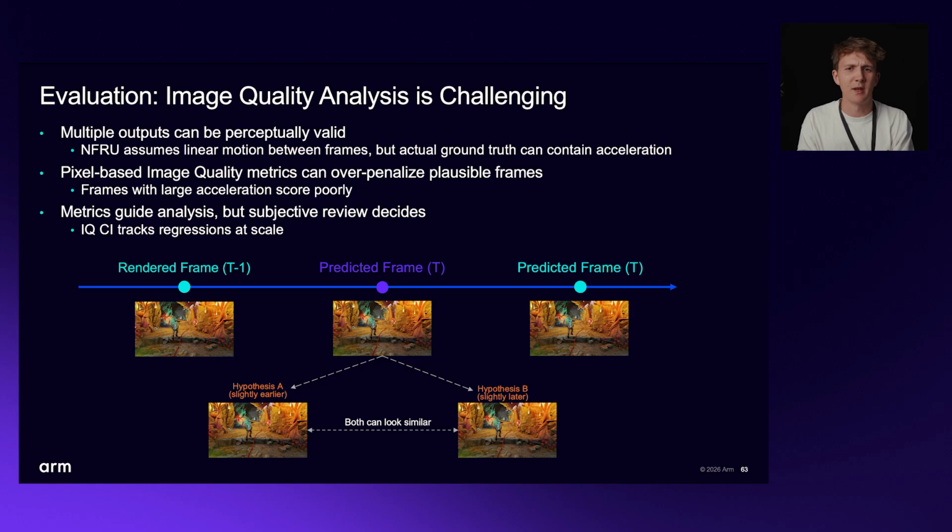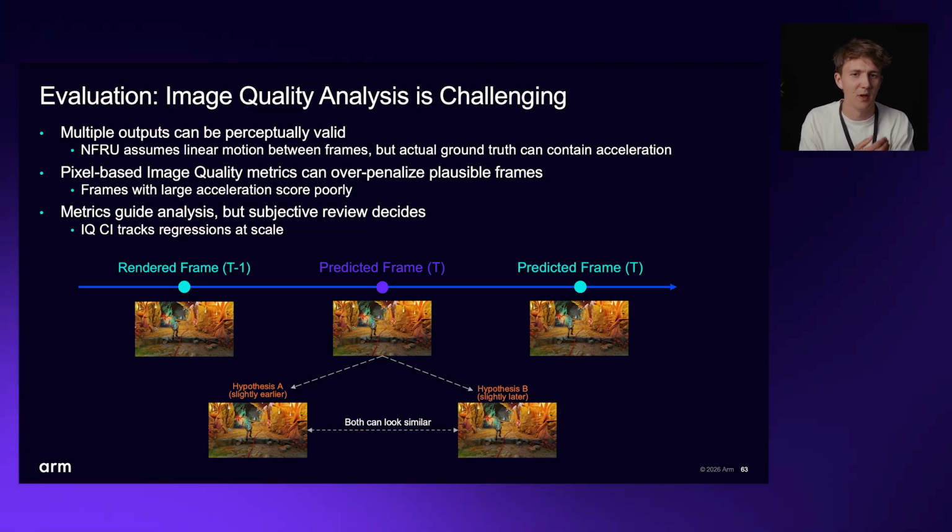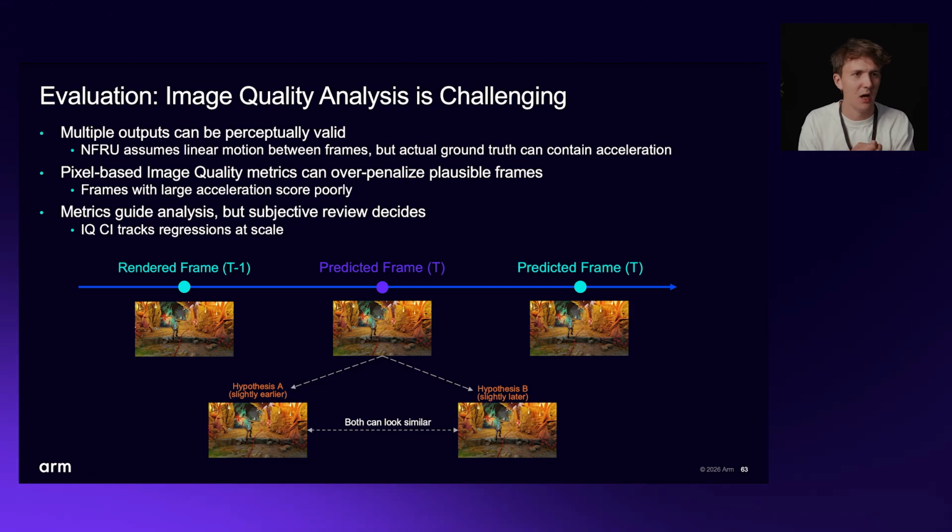And how do we evaluate NFRU? I touched on this at the start, but evaluating frame gen is not as simple as checking whether every pixel matches the captured middle frame. Multiple outputs can be plausible, and real motion may accelerate or change in between a real frame, whereas our NFRU solution assumes linear motion, so we always assume we're interpolating exactly to the halfway point.